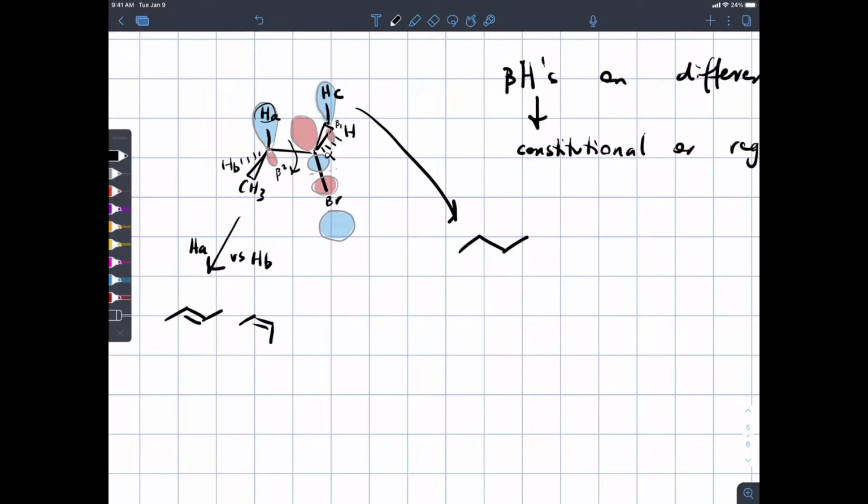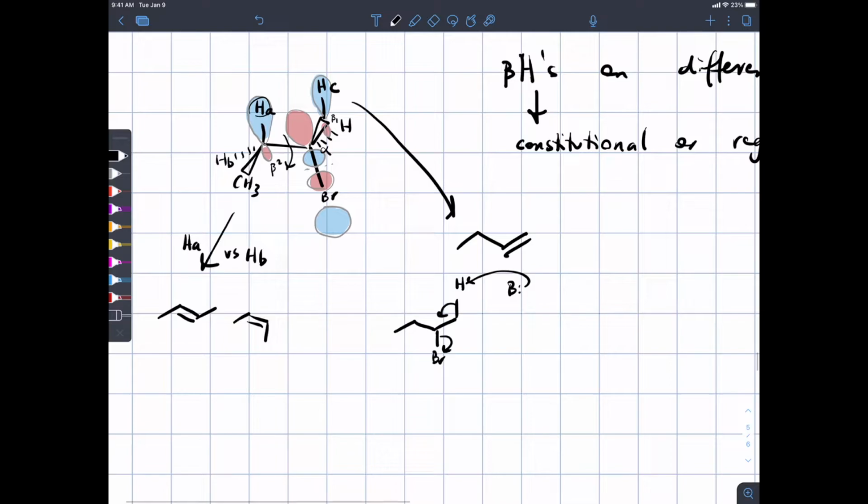Where should my double bond be? Yeah, right there. Okay, and if that's challenging, let's draw the reaction like this. Base removes the proton, forms a pi bond, leaving group leaves.